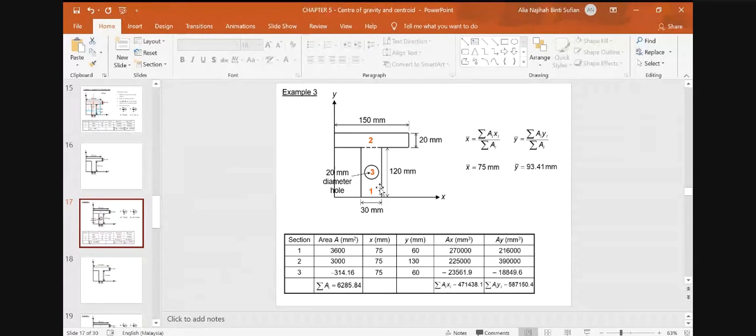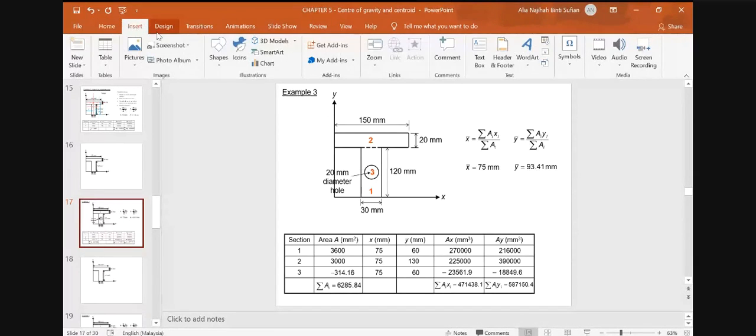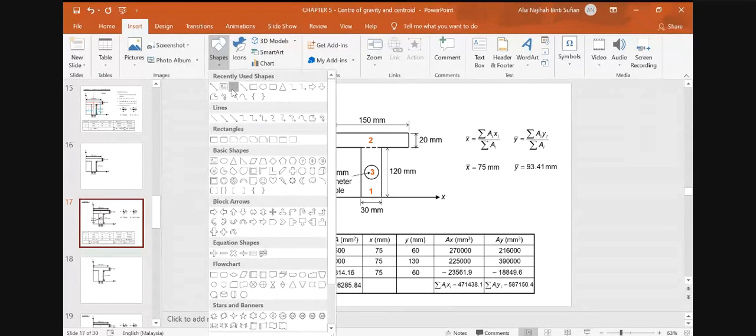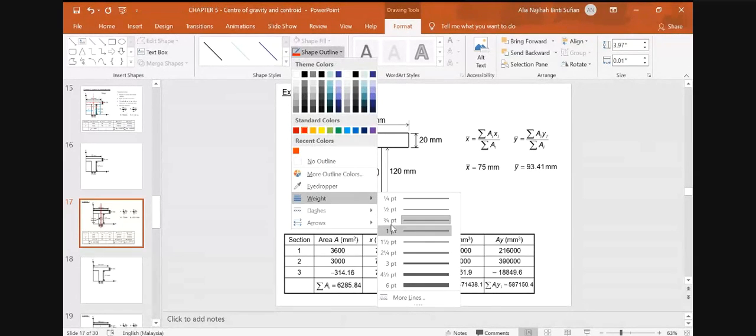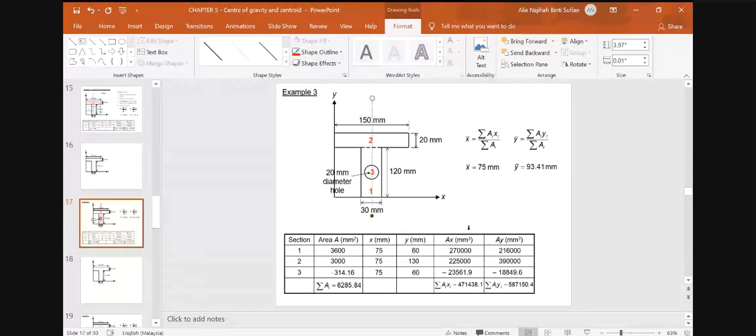Okay, the X bar now, considering the hollow is located at the center of section 1, we have the dotted line to represent the X bar.